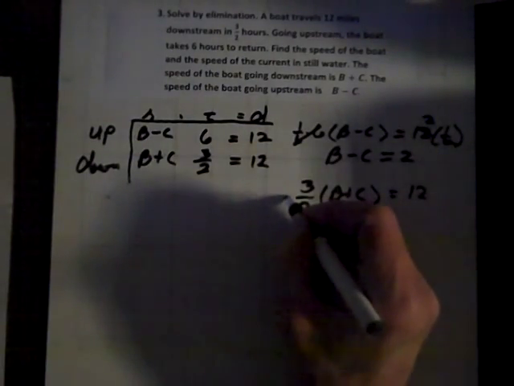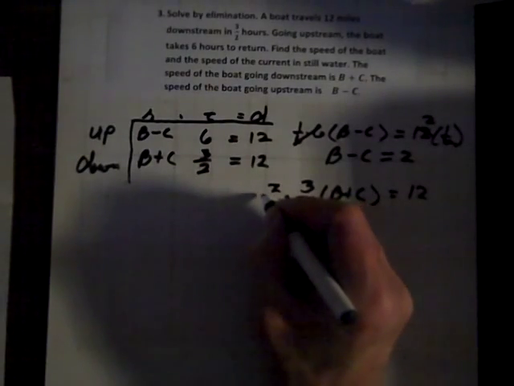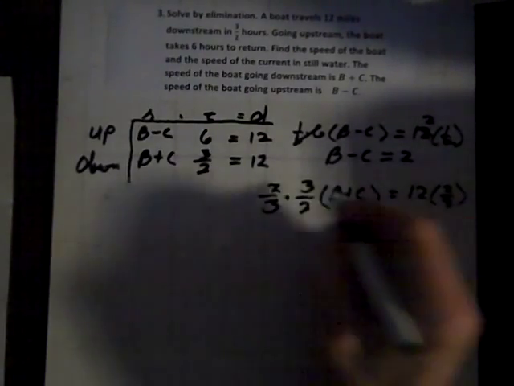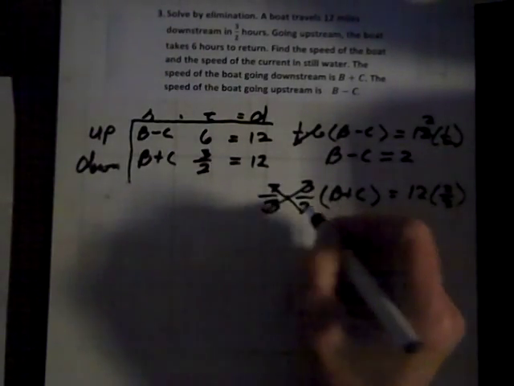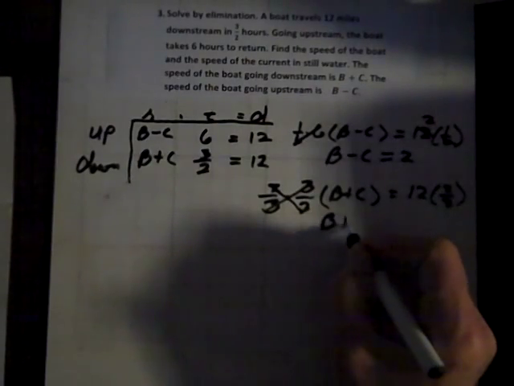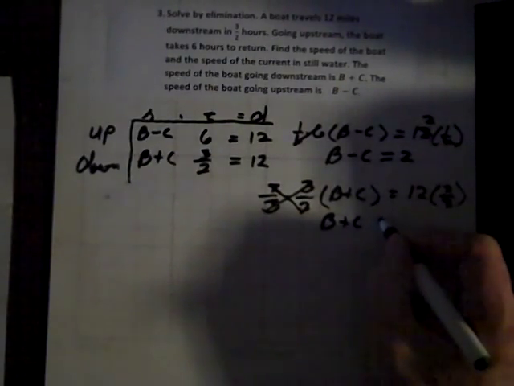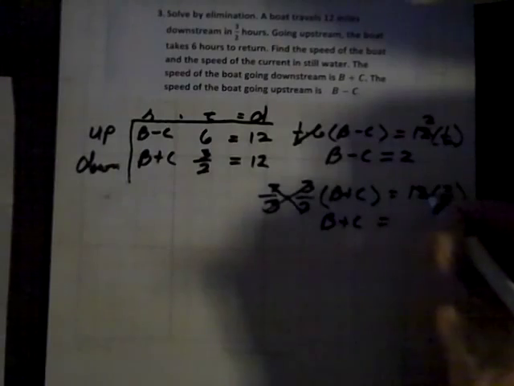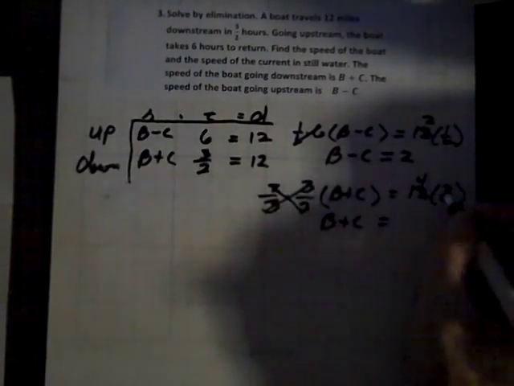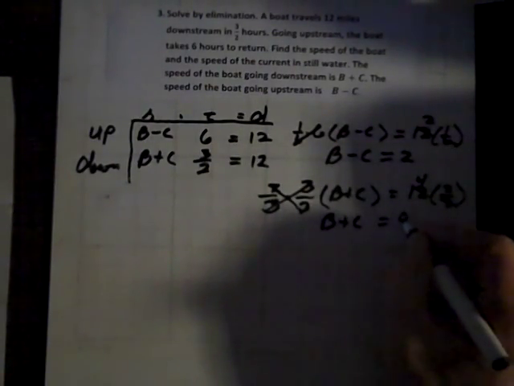So we'll multiply both sides by the reciprocal of 3/2, which is 2/3, times 2/3. The product of these two is 1, and we're left with b plus c. And 3 goes into 12 4 times, and 4 times 2 is 8.